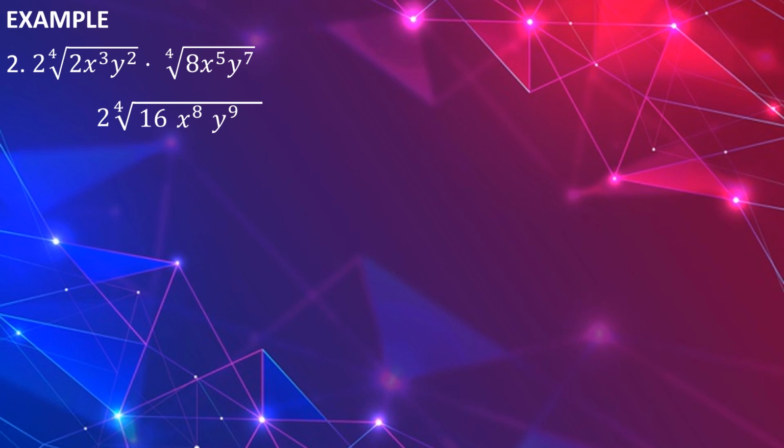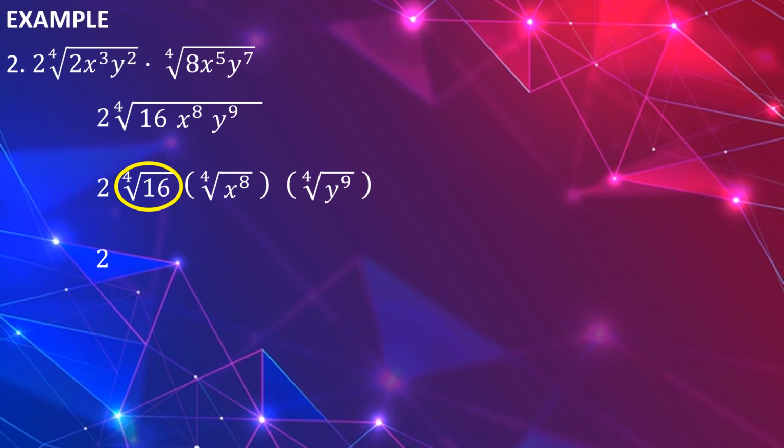We now apply the multiplication property of radicals. So we now write it as 2 times the fourth root of 16 times the fourth root of x raised to 8 times the fourth root of y raised to 9. We copy the term before the radical, and that is 2.